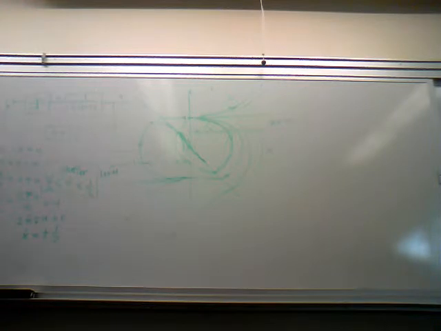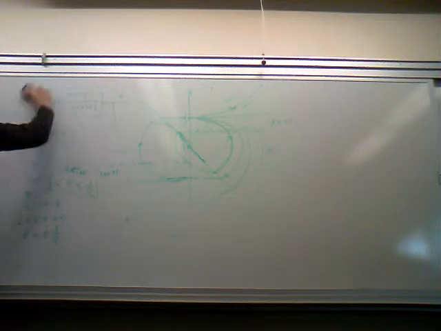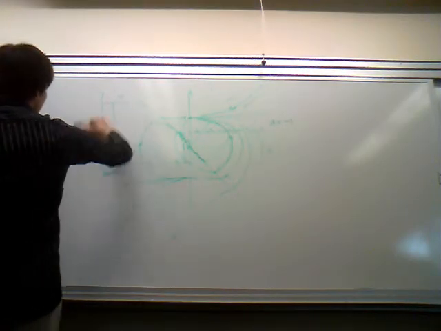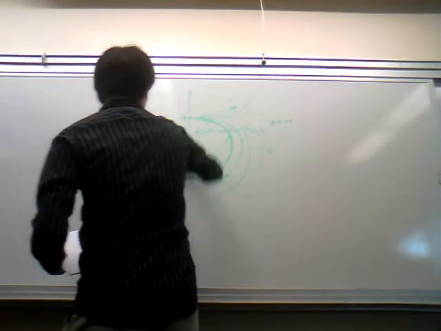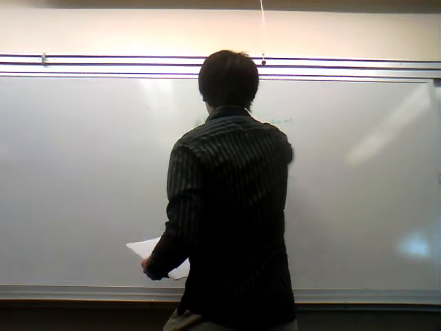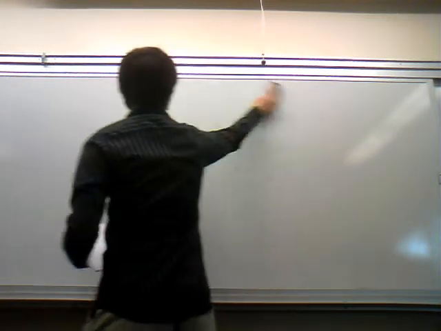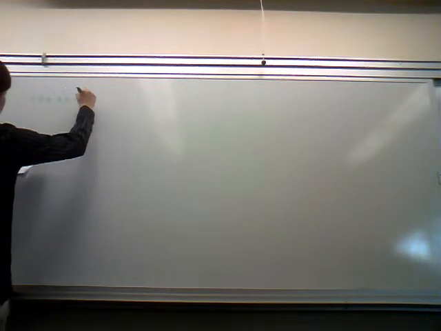Okay, number 3. So we have a system: x double dot plus x dot plus x minus x cubed is 0.